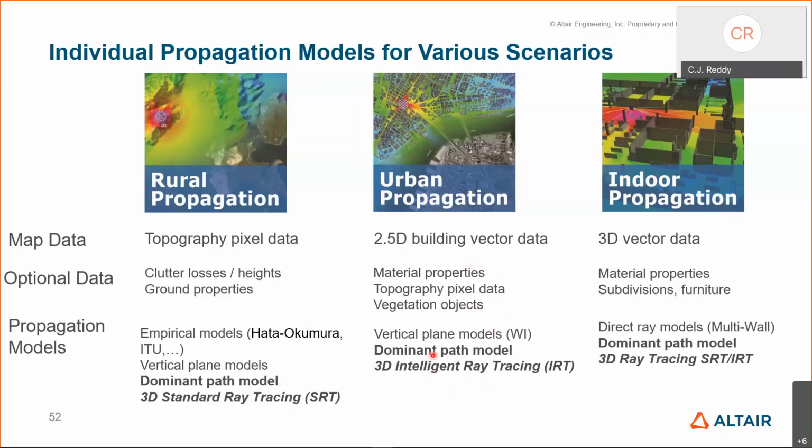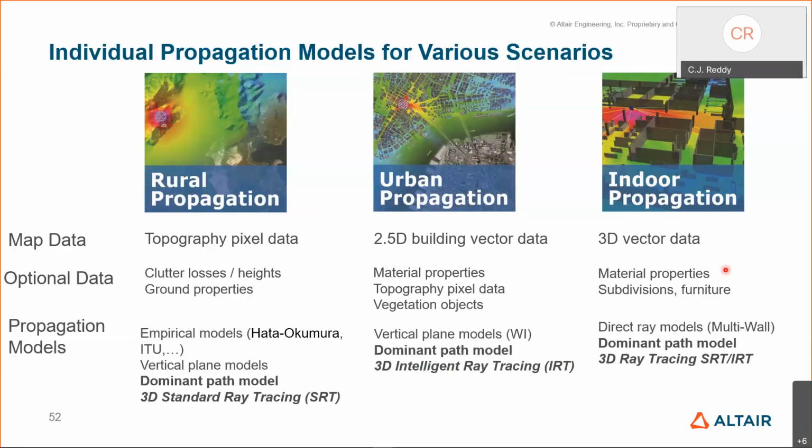Also, we include what's called intelligent ray tracing. What intelligent ray tracing is, is that you pre-process the standard ray tracing, so you know the paths ahead of time, so you could do much faster post-processing when you do the calculations.